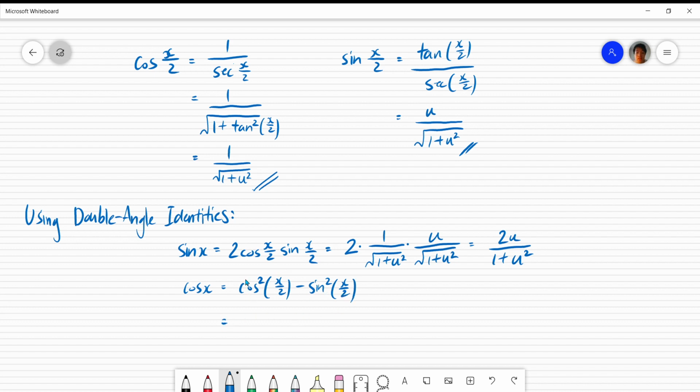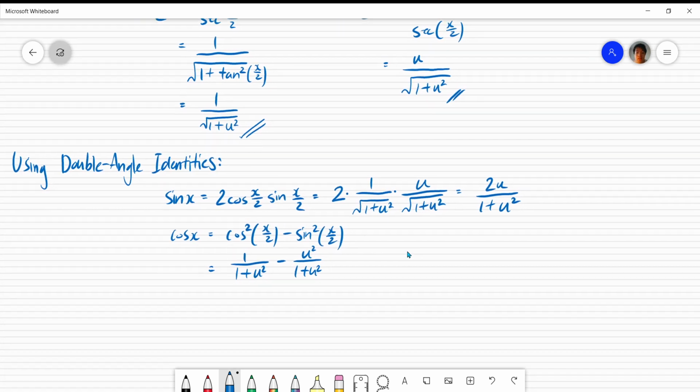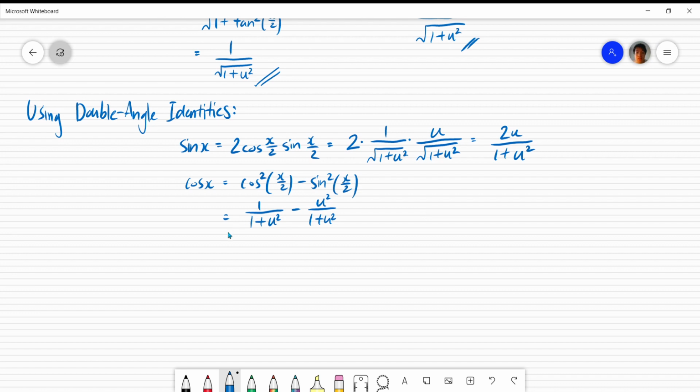Cosine squared of x over 2 gives us 1 over 1 plus u squared, minus u squared over 1 plus u squared. Well, that's nice. Cosine x turns out to be 1 minus u squared over 1 plus u squared, which is, I have to say, quite nice.